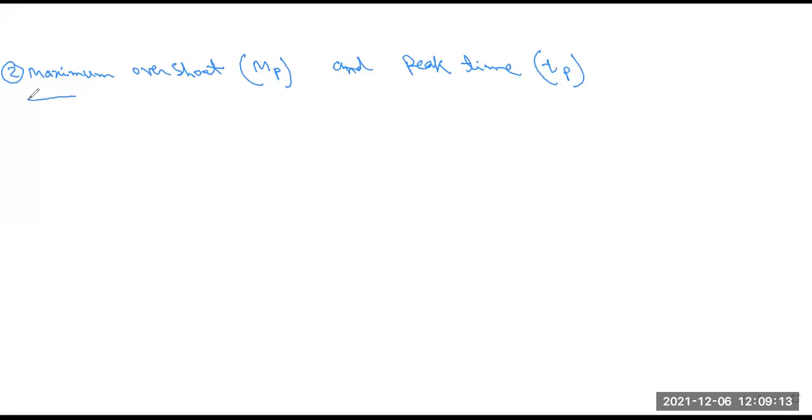So these are the two terms. One is the maximum overshoot, M p. Another one is the peak time, t p.